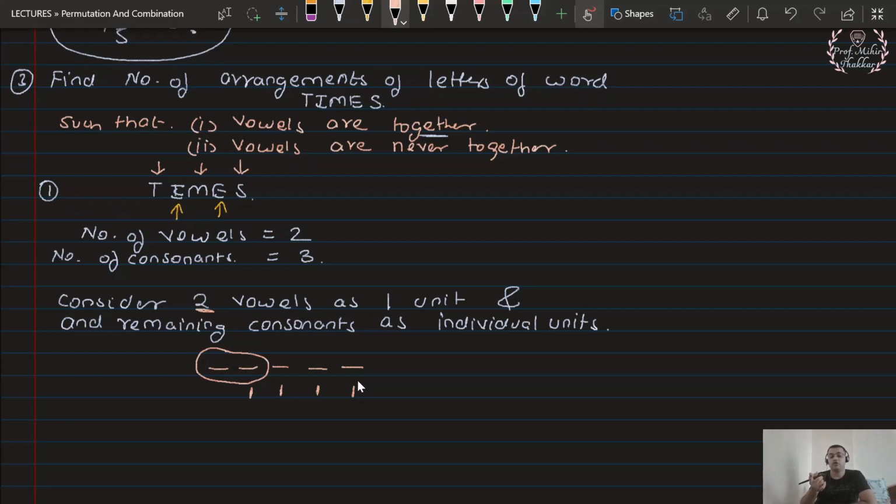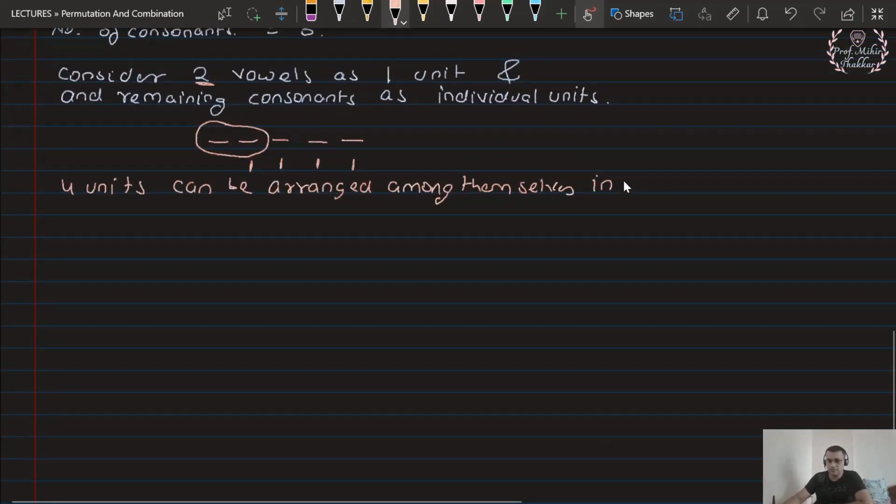Because I have to arrange 4 units, it becomes the example of the second case, according to which there are n objects and they all have to be arranged among themselves. So in that case, 4 units can be arranged among themselves in 4 factorial ways, which is actually just 24 ways, 4 into 3 into 2 into 1.